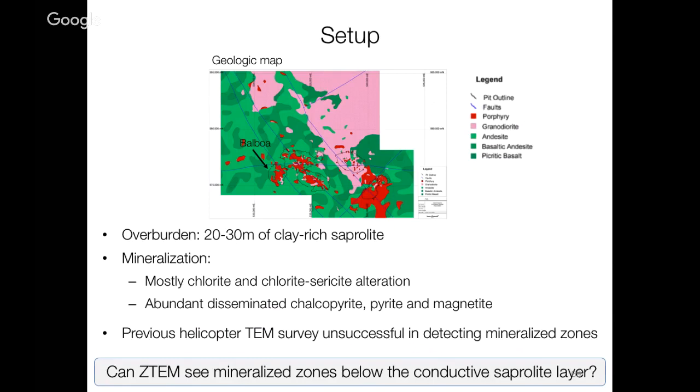So really the question was, can ZTEM see the mineralized zones beneath a conductive saprolitic layer? That is one of the big challenges here. There was a 20 to 30 meter thick clay region of saprolite that makes it difficult to see through. Every time you've got something below a conductor, you're going to be challenged.